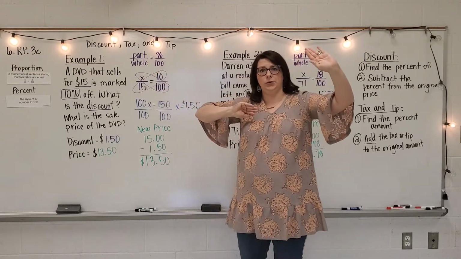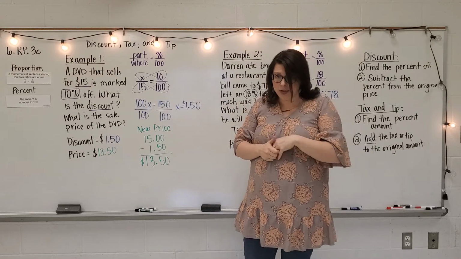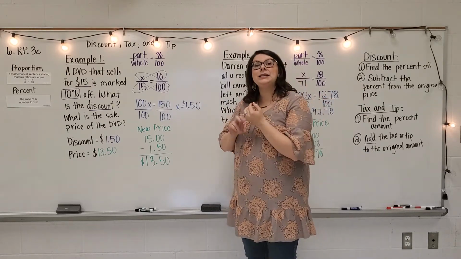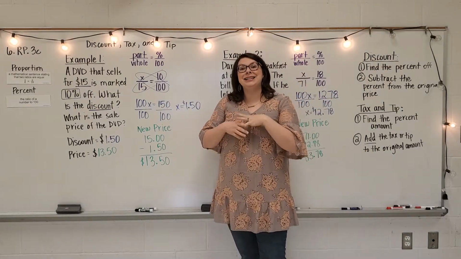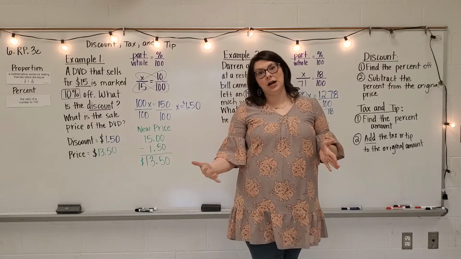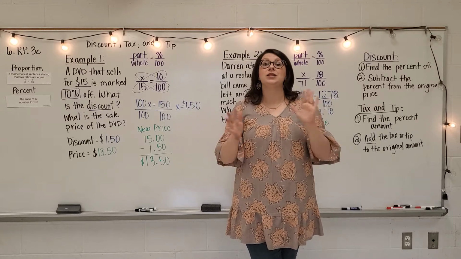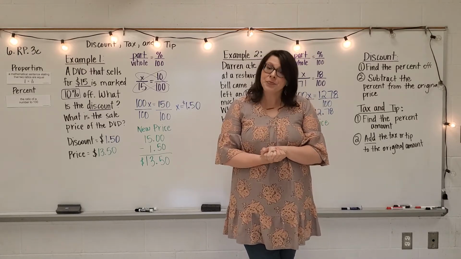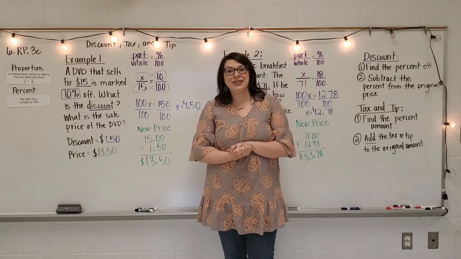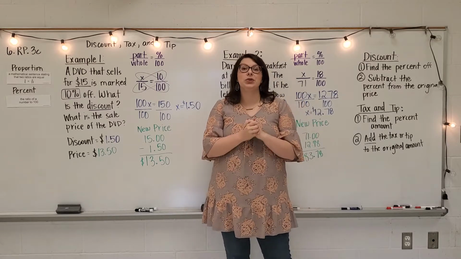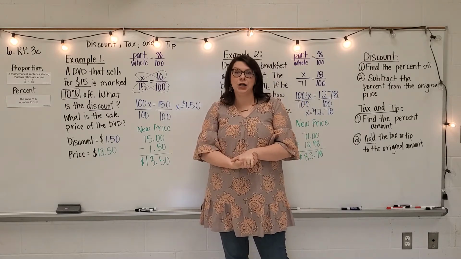Part to whole is equal to percent over 100, or out of 100. In this case, our entire amount is $15 because that's what the DVD cost in its original price. So that's the whole price. Then our percent is 10%, and a percent is always out of 100.